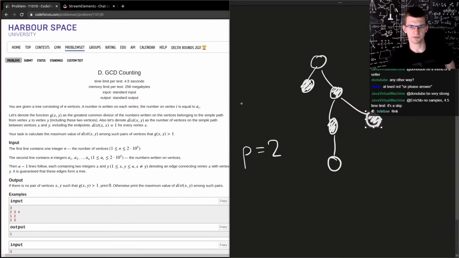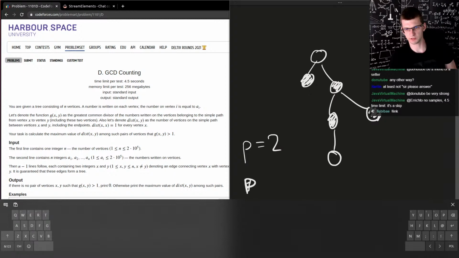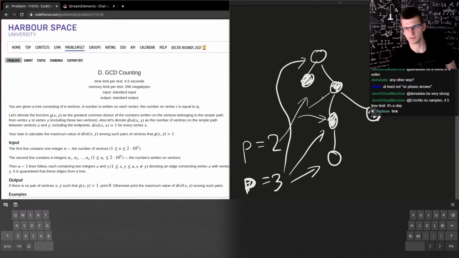while reading the input, every number I can factorize, and then for every prime, I will know what vertices are divisible by this prime. Like also for p equal to 3, I will then know that, oh, maybe it's this vertex, and this vertex. So, like that. Every prime is separate and it's independent.